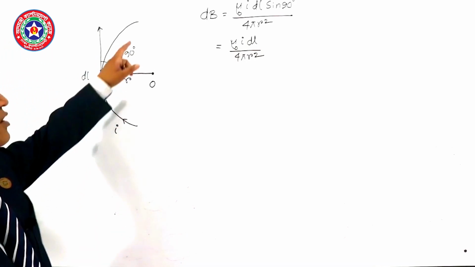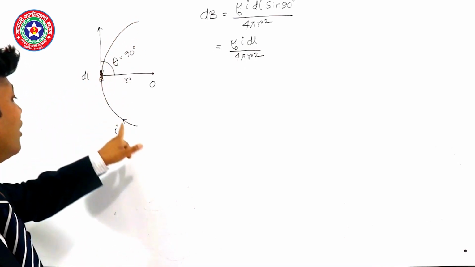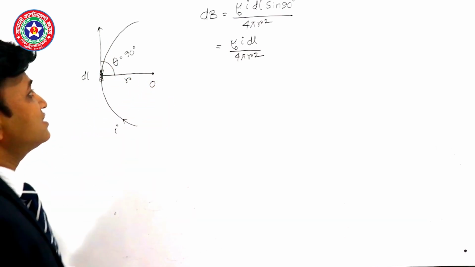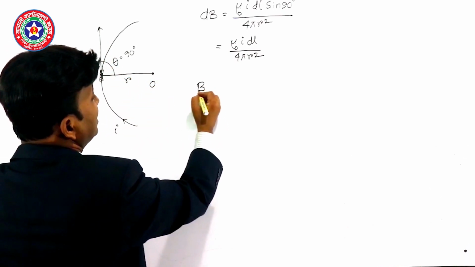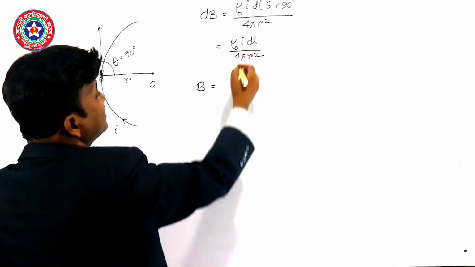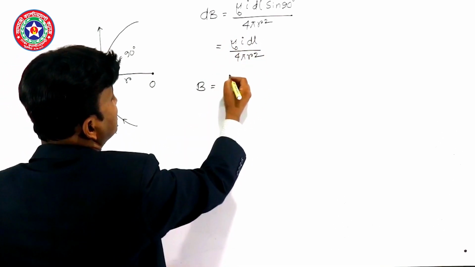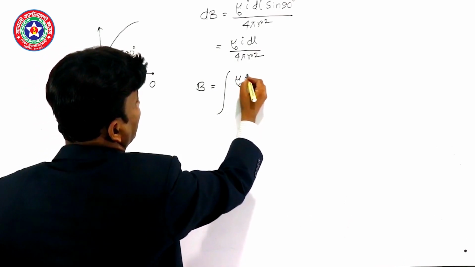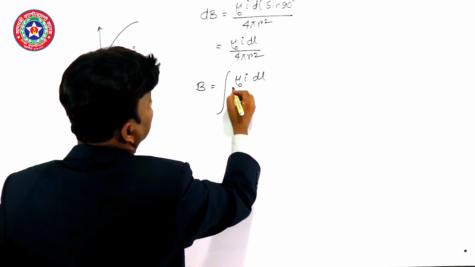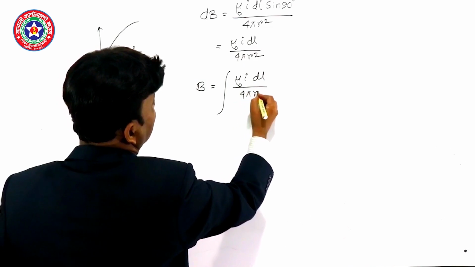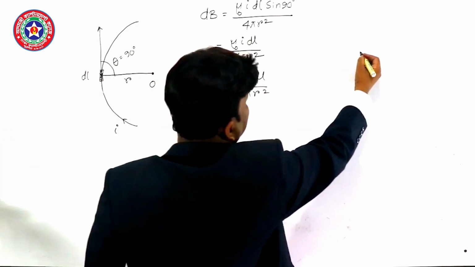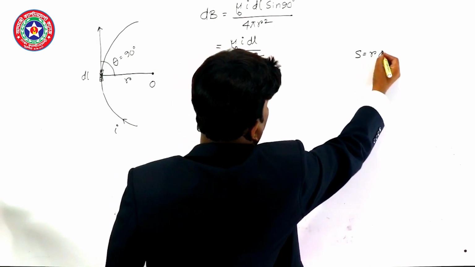Now for the whole length of the arc, the magnetic field at center will be B equals, we have to integrate the above equation, μ₀ I dl by 4π r². Next we know that S equals rθ.